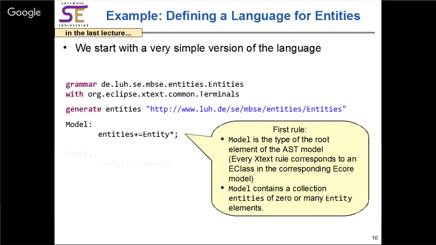Here you see a bit more information. Some of it I also explain, but it's mainly for your documentation or for your reading, because these are the slides that I will upload or have already uploaded. So model is also a type, the type of the root element of our abstract syntax tree.